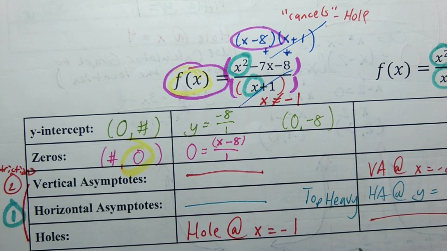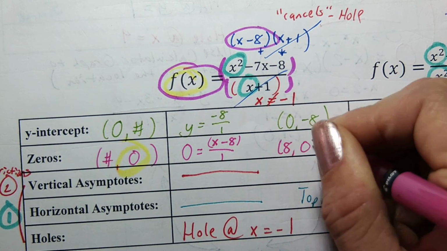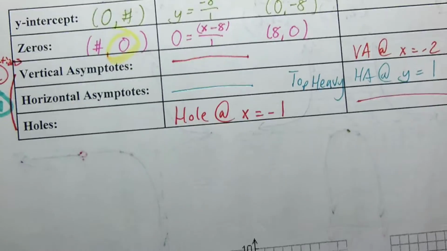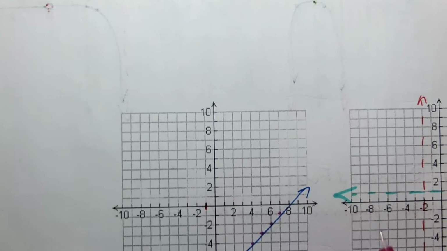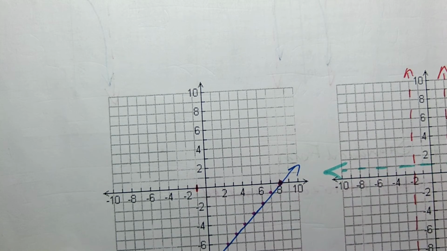Multiply through by 1, we get x minus 8. What does it look like our x-intercept is? 8, 0. And as we can see, even though I didn't use my ruler here, there's 8, 0. Another exact point.